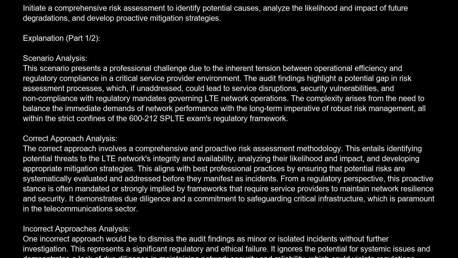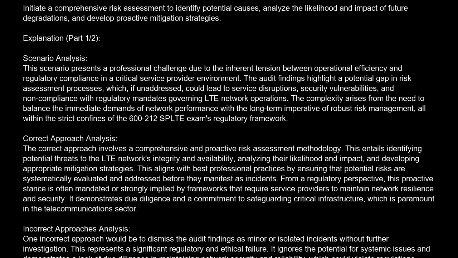Correct approach analysis. The correct approach involves a comprehensive and proactive risk assessment methodology. This entails identifying potential threats to the LTE network's integrity and availability, analyzing their likelihood and impact, and developing appropriate mitigation strategies. This aligns with best professional practices by ensuring that potential risks are systematically evaluated and addressed before they manifest as incidents.